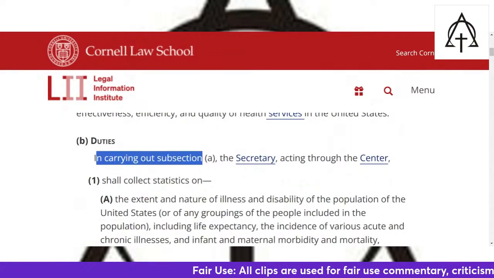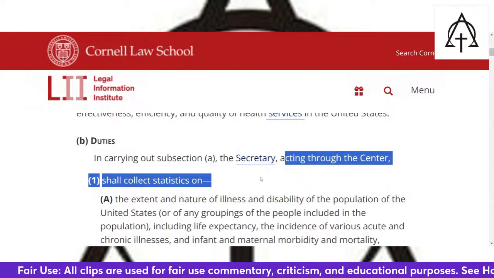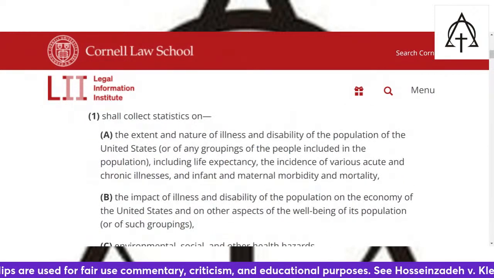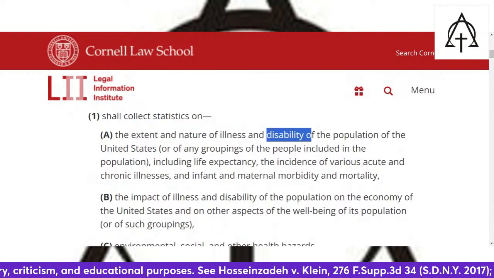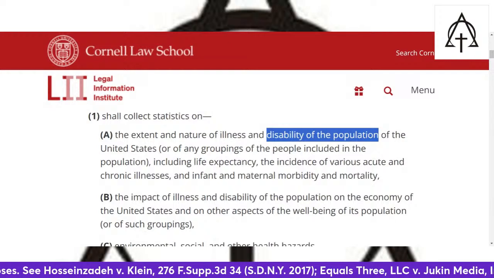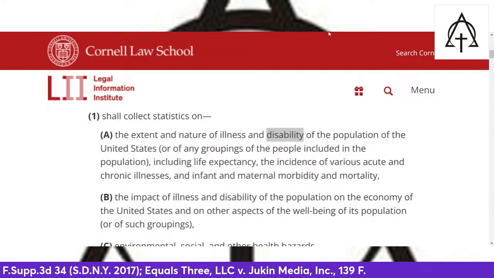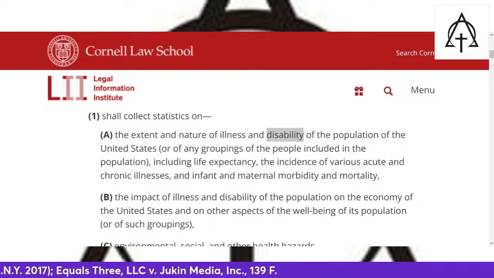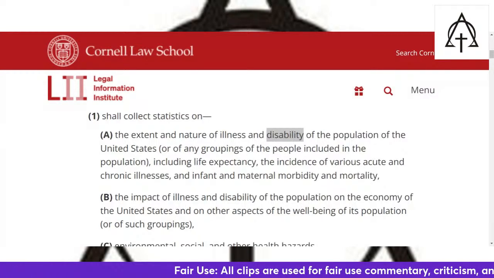Duties. In carrying out this subsection A, the Secretary acting through the Center shall collect statistics on the extent and nature of illness and disability of the population of the United States. So they're classifying it as a disability first, folks. They didn't classify you as you and your abilities. The extent and nature of illness and disability, because you were born in a spell of illness.